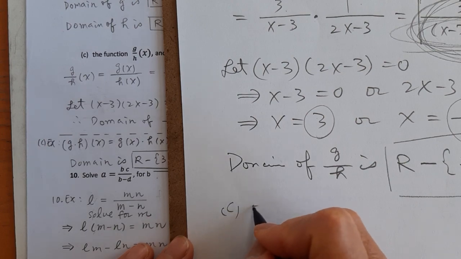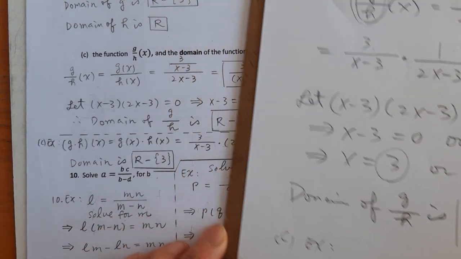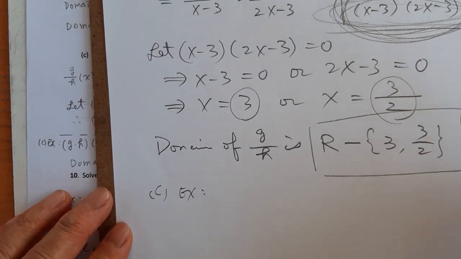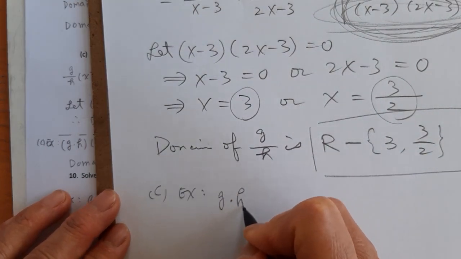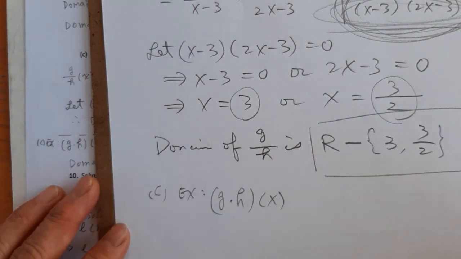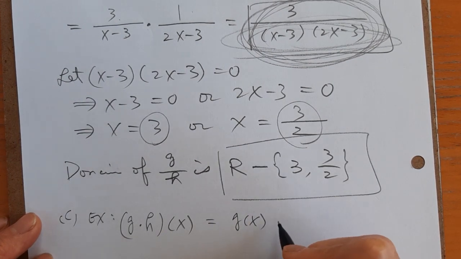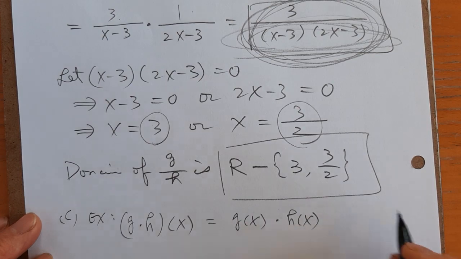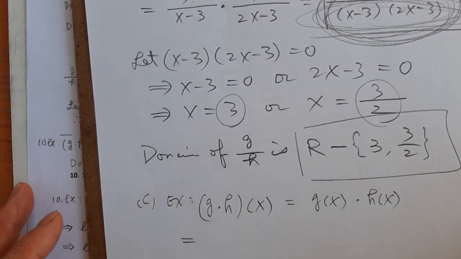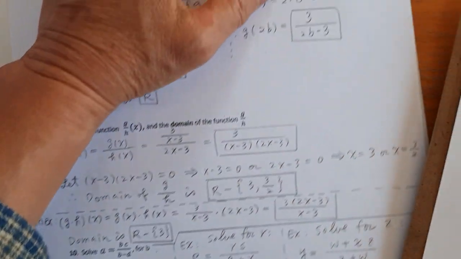C, another example. Find the function g times h of x. Multiplication. This means g of x times h of x. You multiply the two functions together.